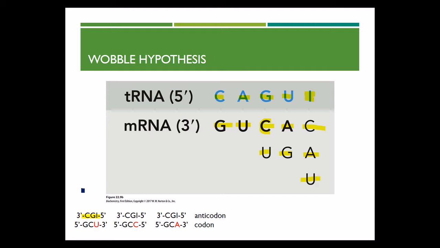This means the alanine transfer RNA molecule could recognize any one of 3 different codons.